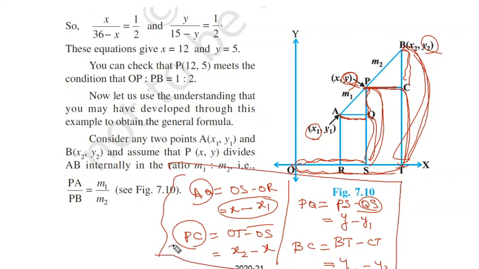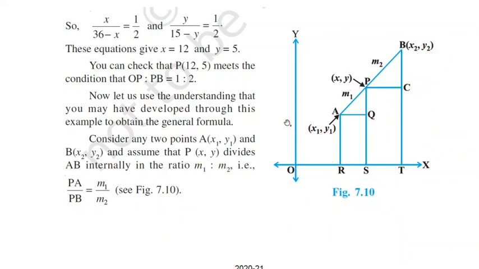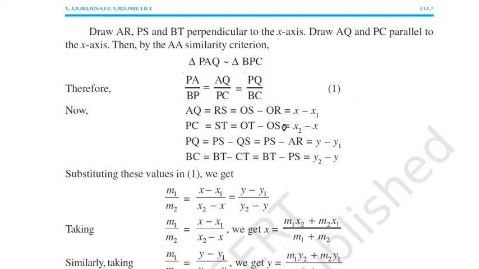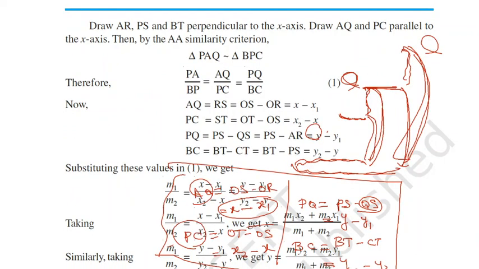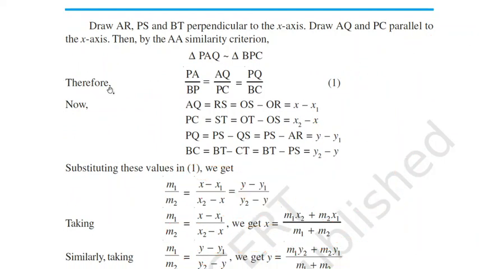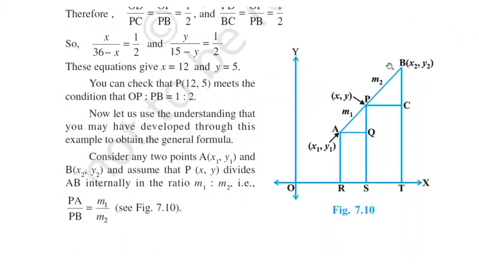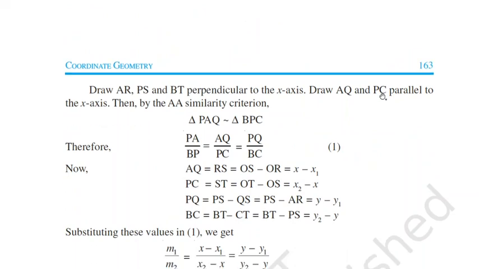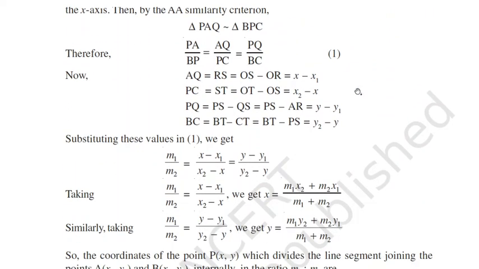Now let's move to the other side. We have already proved triangle PAQ is similar to triangle BPC. Here it is in the figure, these two triangles are similar. As these two triangles are similar, PA by BP is equal to AQ by PC is equal to PQ by BC.